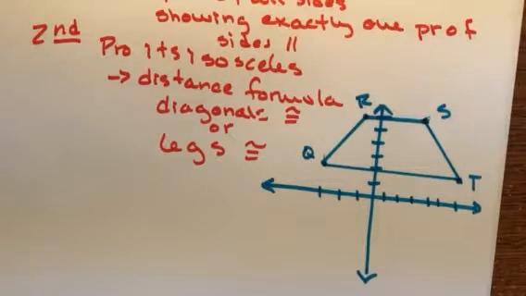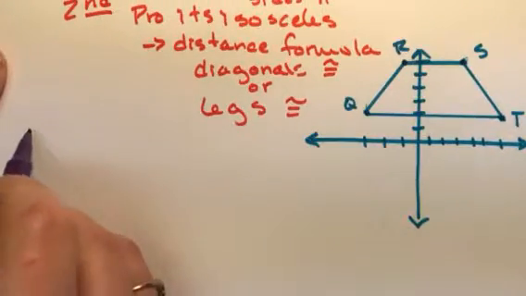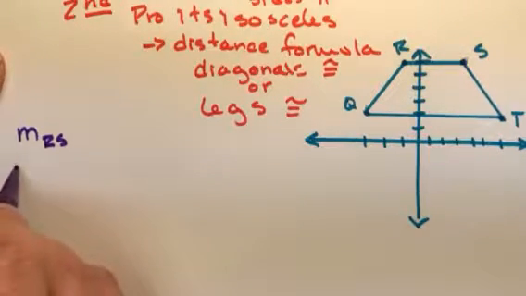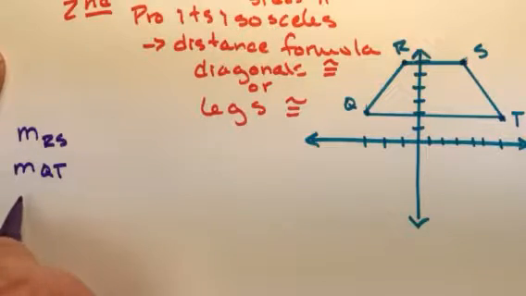I think I know which pair of sides should be parallel. Okay, so I'm going to do the slope formula. The slope for RS, and I'm going to do the slope for QT next, since I want those 2 to be parallel.